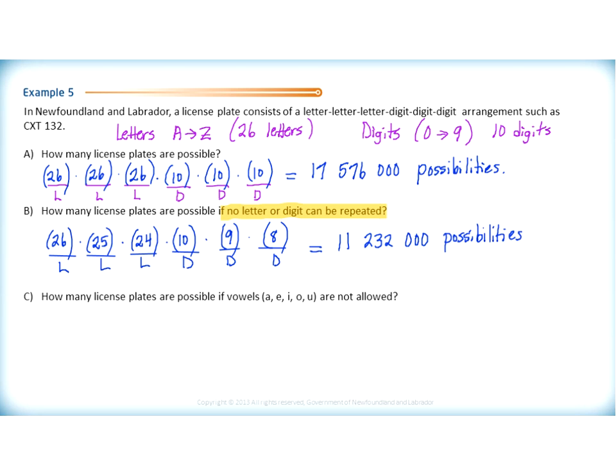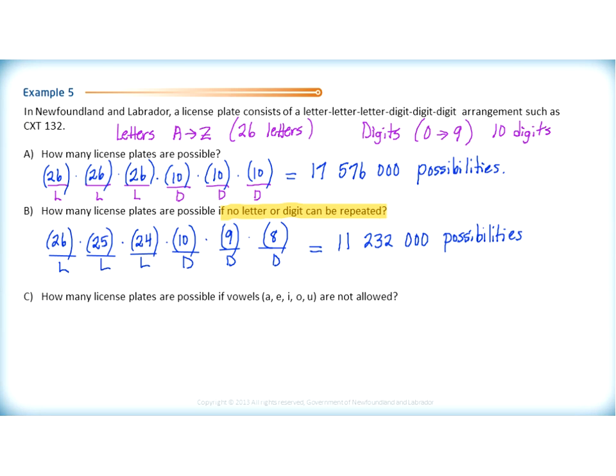You can see in these examples that it is much easier to use the fundamental counting principle as opposed to a graphic organizer. In part C, how many license plates are possible if the vowels A, E, I, O, and U are not allowed?